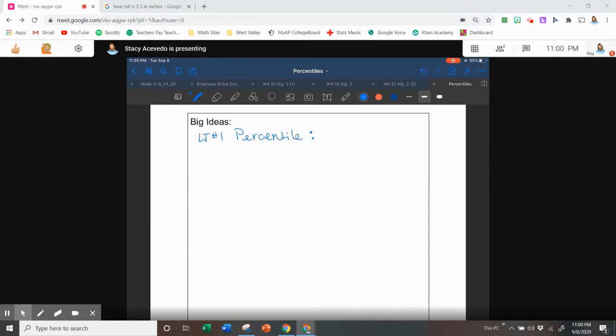That's the percent of values that are less than or equal to a given value.